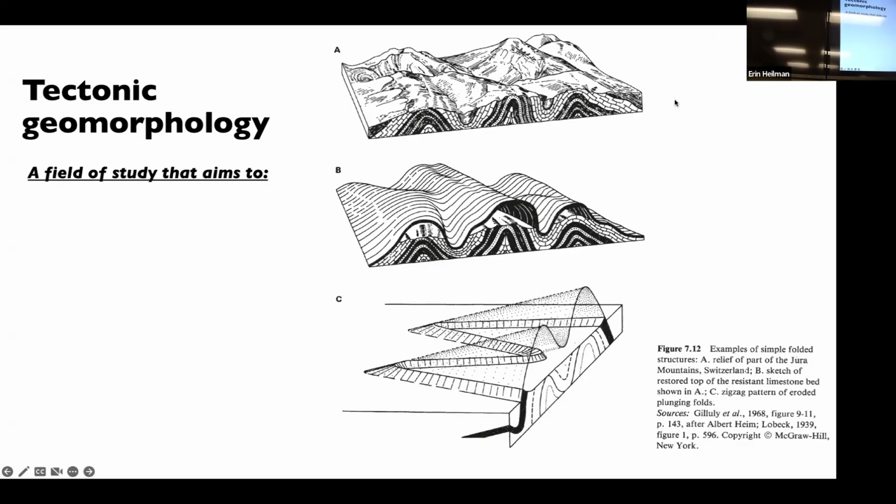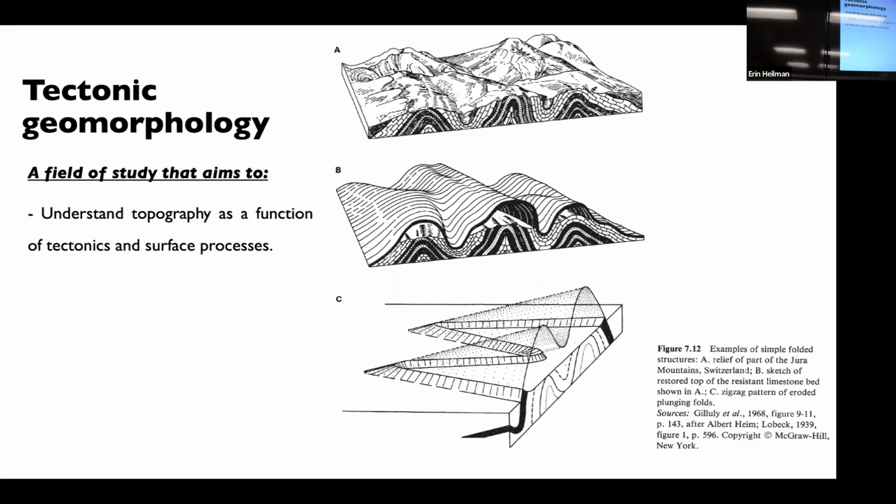So I thought it'd be nice to start with an introduction into what tectonic geomorphology is, because many of us here might not be familiar, especially if we're coming from different fields. It's basically a field of study that aims to understand topography as a function of tectonics and surface processes. I think these line drawings are very nice to illustrate this. You have some fold structure in the subsurface, and the topography is really matching that fold structure.